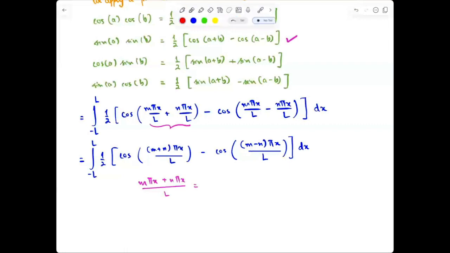Now the next step is to take pi x as a common factor in the numerator, and you're left with (m plus n) times pi x altogether divided by L. You follow the same procedure for the other two fractions. So hopefully you see how we go from one step to another. Okay, let me erase this.